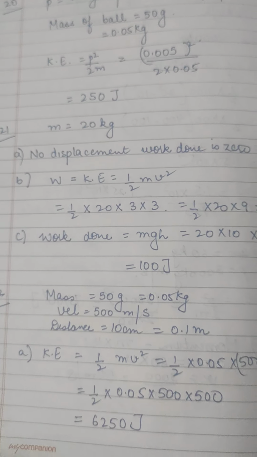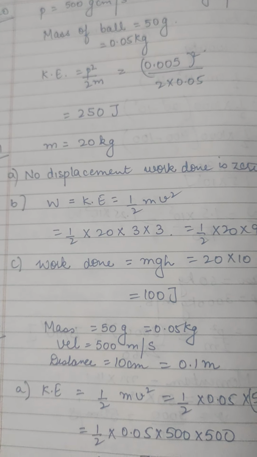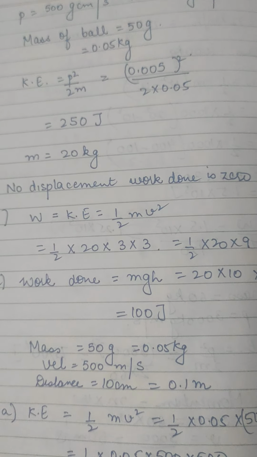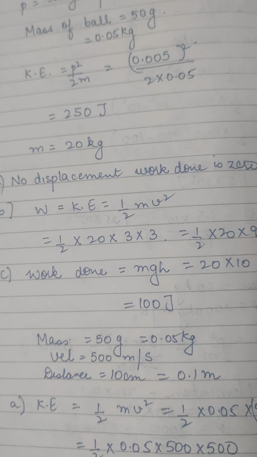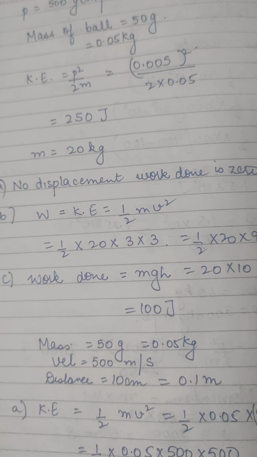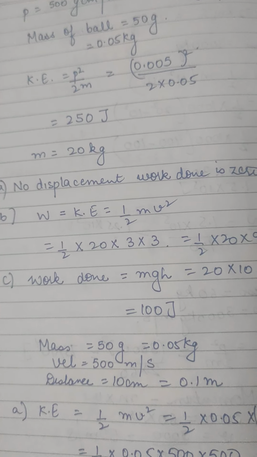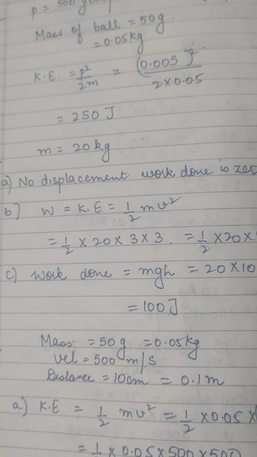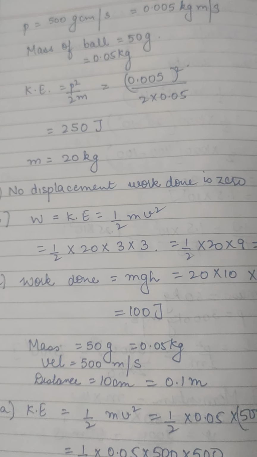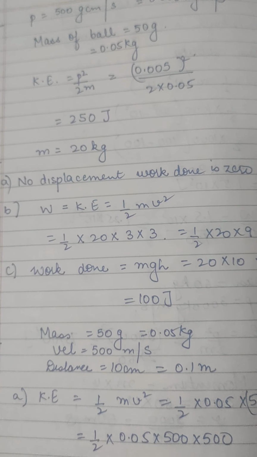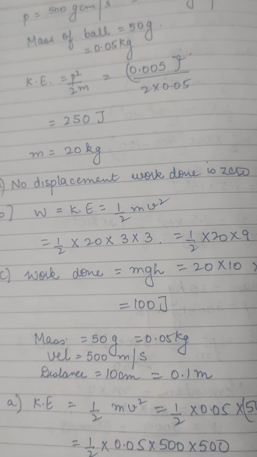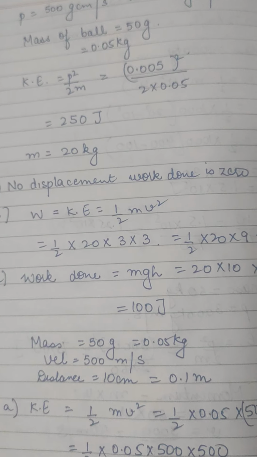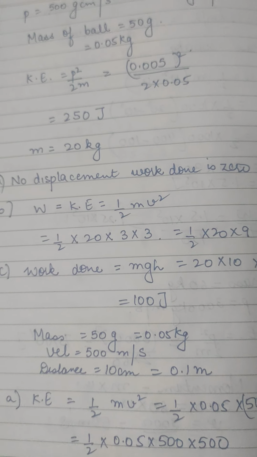Okay, the next numerical, the 21st numerical we are having. How much energy is gained by the box of mass 20 kg when a man carrying the box waits for 5 minutes for a bus? Now the man is waiting, the man is not moving, so displacement will be 0. Next, he runs carrying the box at a speed of 3 meter per second.